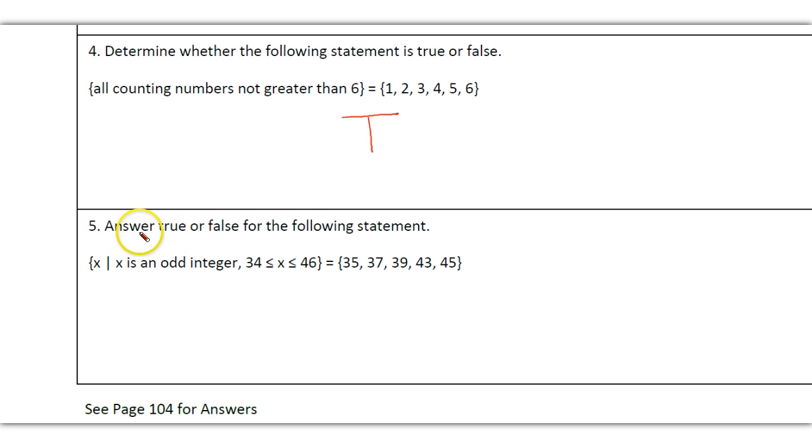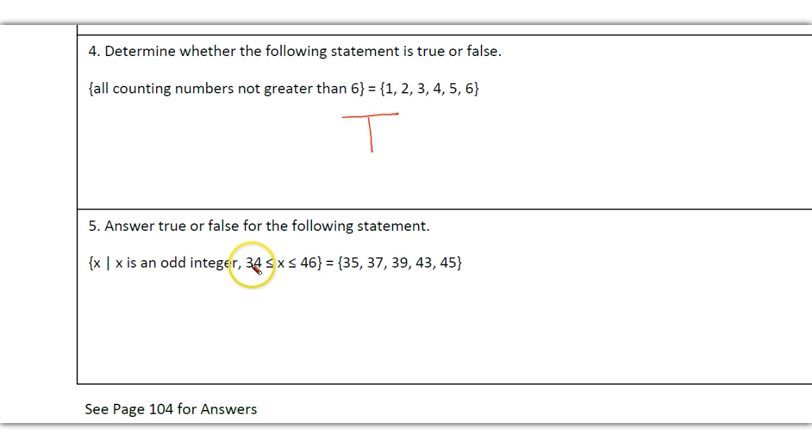Number 5. Answer true or false of the following statement. Now, this is sort of in set builder notation. X is an odd integer greater than or equal to X, less than or equal to 46.